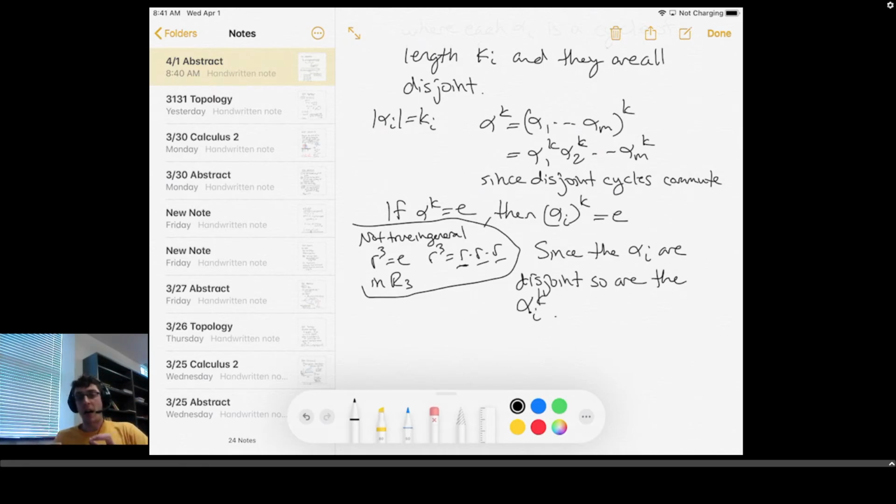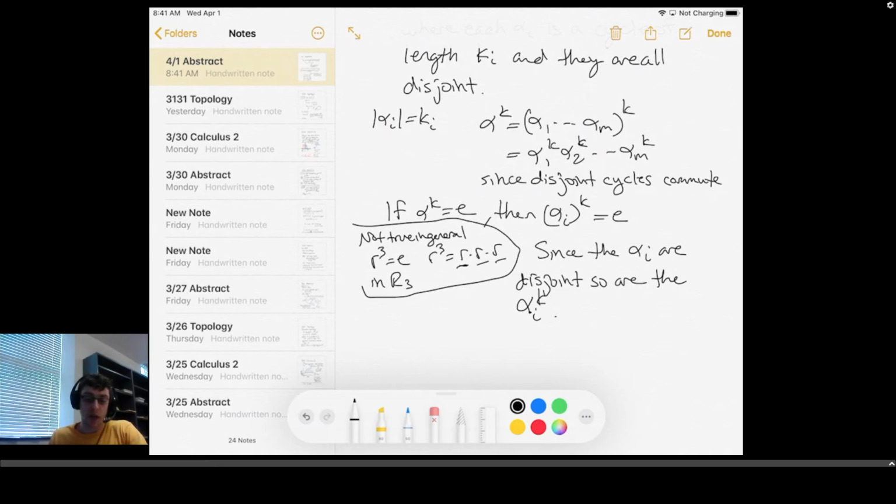Alpha_i only affects this little group. Well, then powers of alpha_i still only affect that little group, right? They don't suddenly jump out and affect other things because you're still just applying alpha_i each time.